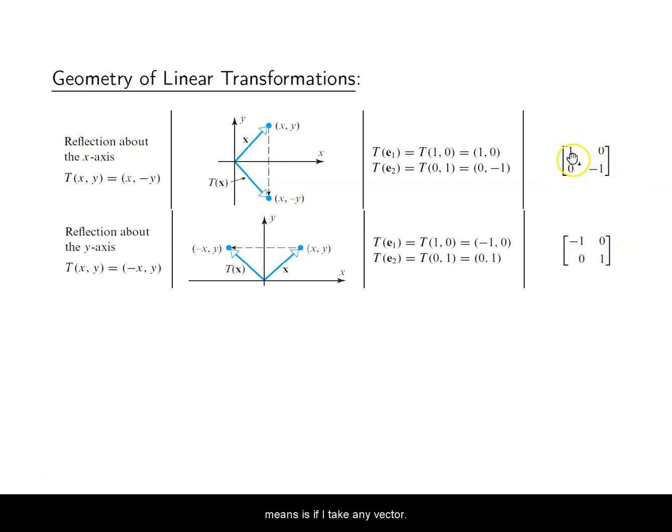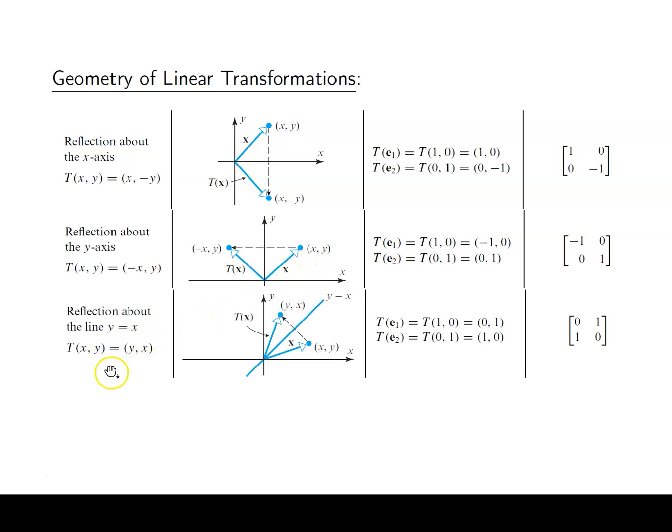Basically, if I take any vector and multiply it times this matrix, it will reflect that vector across the x-axis. If I use this as my transformation matrix, it'll reflect it across the y-axis. If I want to reflect it about both, then I have the transformation that swaps x and y, which is this matrix.